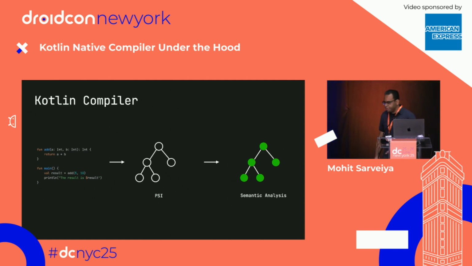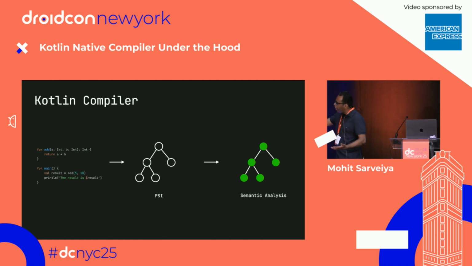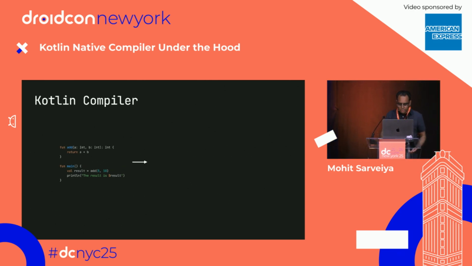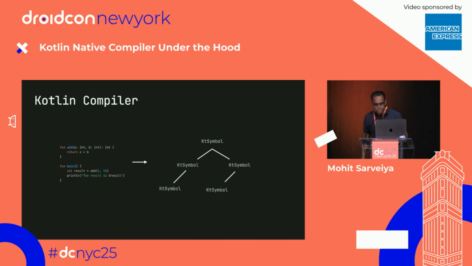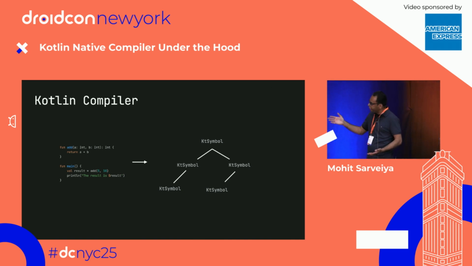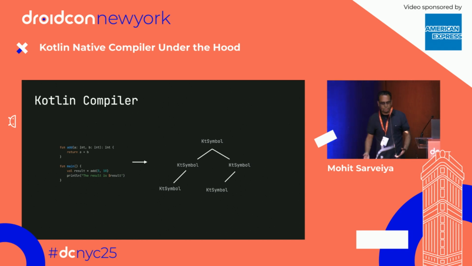In semantic analysis, we're looking at your overall code, trying to get meaning out of it, and it gives you some specific result. So with K2 in analysis, your code gets translated into a set of symbols. This is important to know because underneath the hood, these symbols could also be translated into Swift symbols. And that was one of the design motivations, to be able to extend the language underneath the hood.